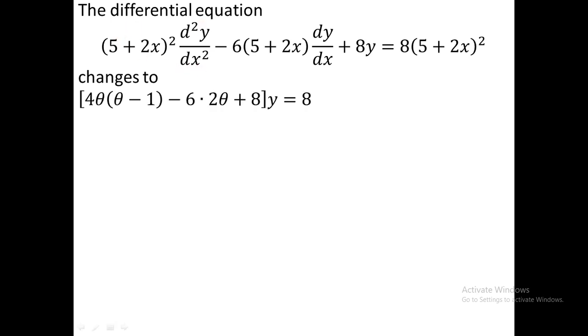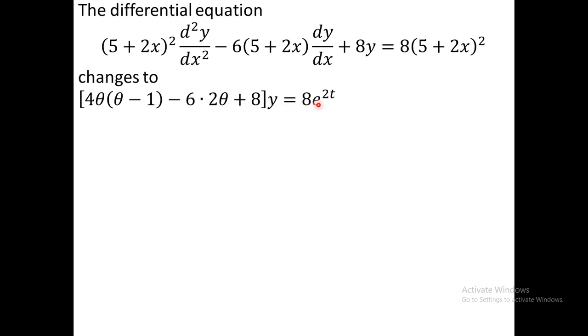The 5 plus 2x whole square term changes to 4 theta into theta minus 1, and the dy dx term changes to 2 theta, and so on for the remaining terms.